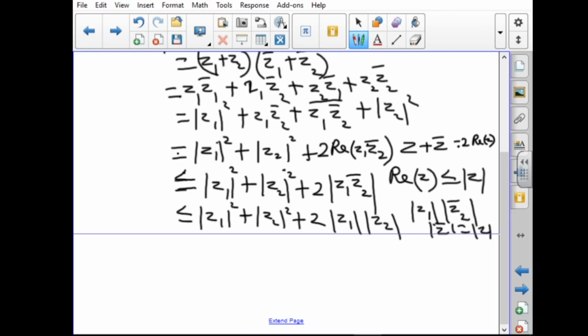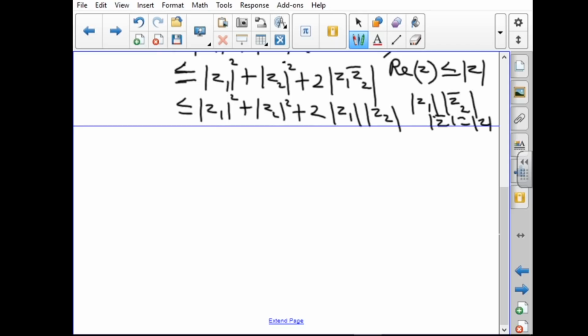So, what form is it now? This is a square plus b square plus 2ab. Therefore, it is less than or equal to modulus of z1 plus modulus of z2 the whole square. That is, we get modulus of z1 plus z2 the whole square as less than or equal to modulus of z1 plus modulus of z2 the whole square.